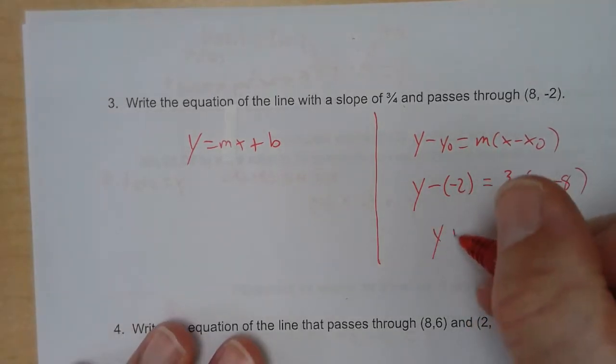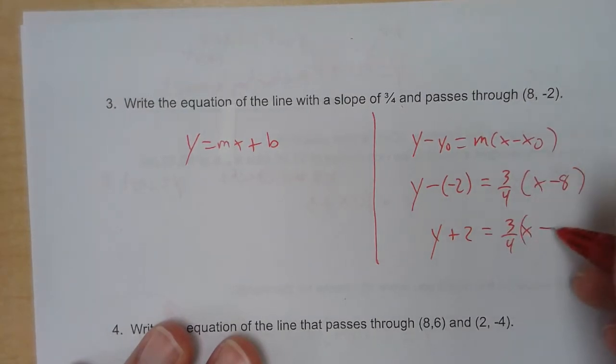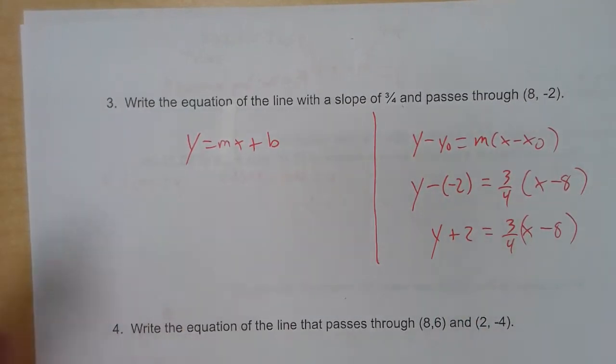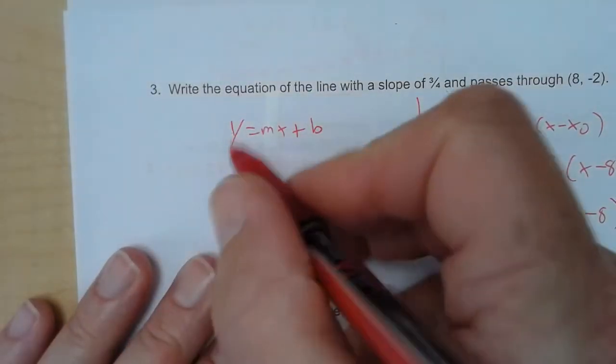And you can clean this up a little bit. You could distribute, put it all together, and you would end up with the same answer as if you did it this way over here. Now you can also do it this way, where you put the x and the y in.